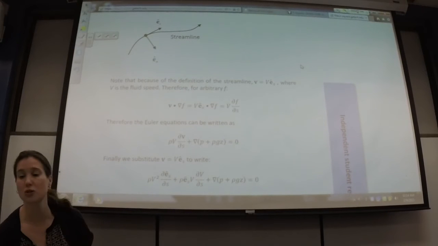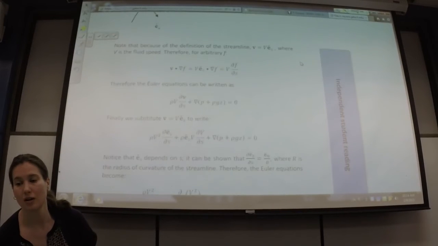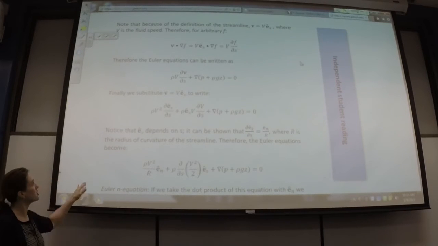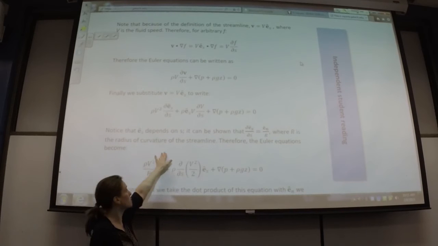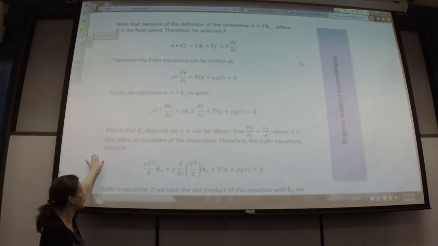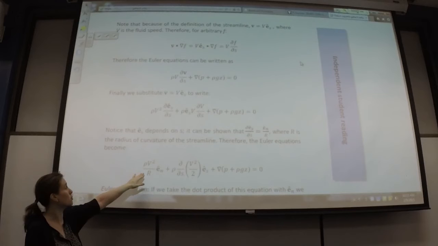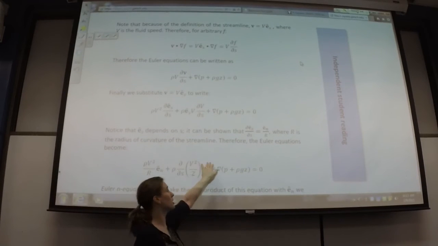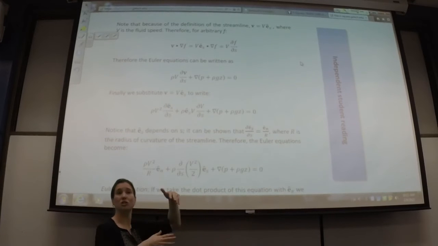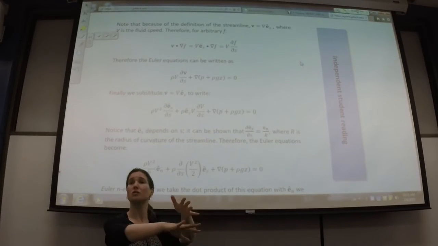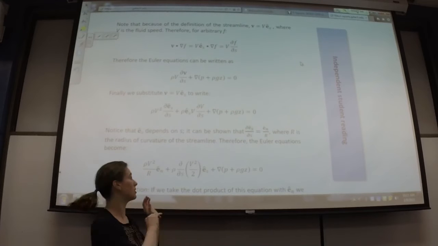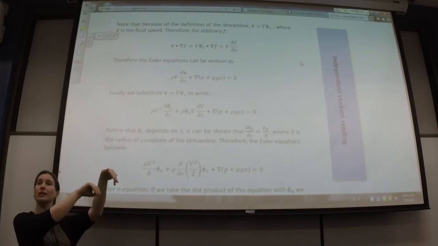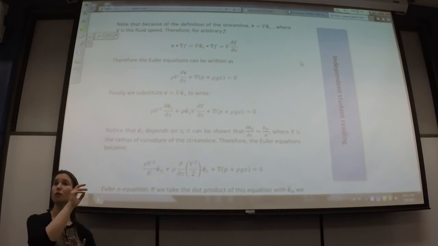And we can also do this for the normal direction here. So if we want to consider the curvature of the streamline, the Euler equation can be rewritten in terms of our n-coordinate, our normal coordinate. And this really becomes useful because as these streamlines are moving through these fluid fields, we can consider a difference in that particle behavior based on where it is in the curvature of the fluid flow.